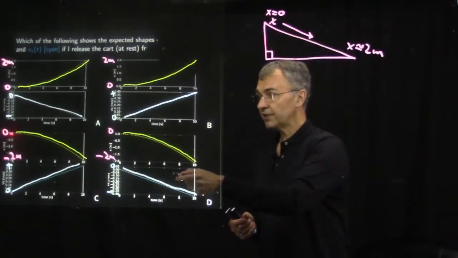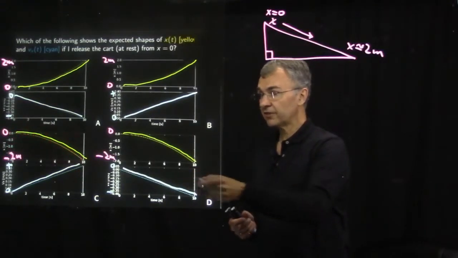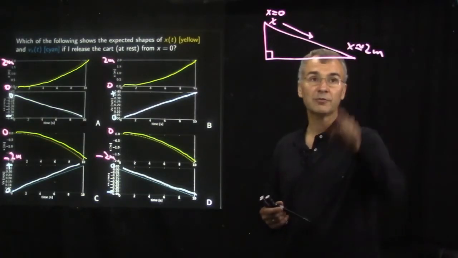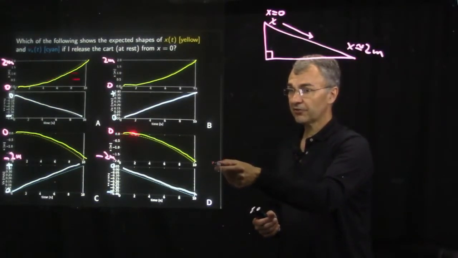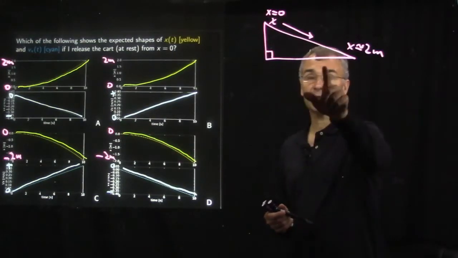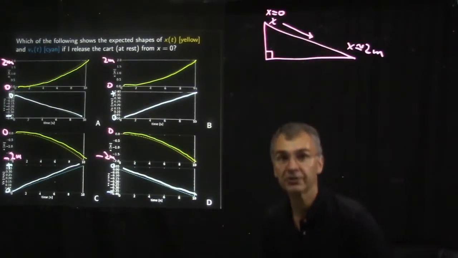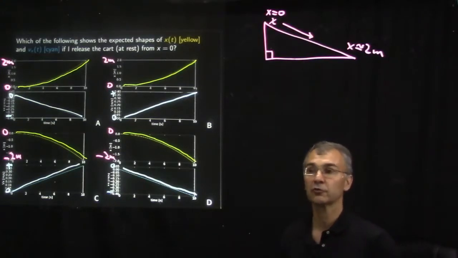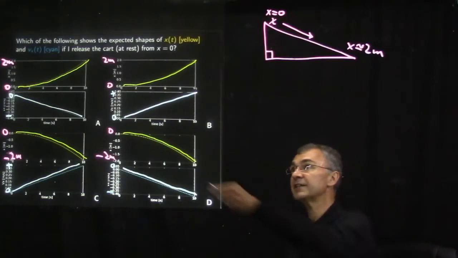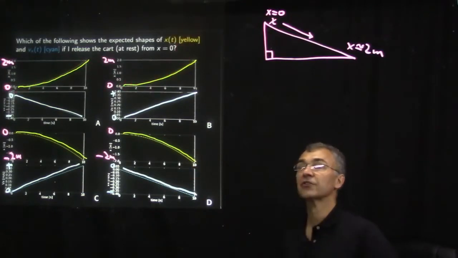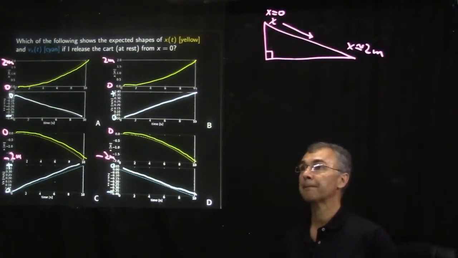In C, x starts at 0 but it ends at negative 2 meters, so that seems to contradict our coordinate system. And in D, x starts at 0 and it ends around negative 2 meters. So I think C and D both contradict our coordinate system, so I think we can rule those out. So now it's between A and B. And I think the x versus t curves look the same in A and B. It's just the velocity curves that are different.